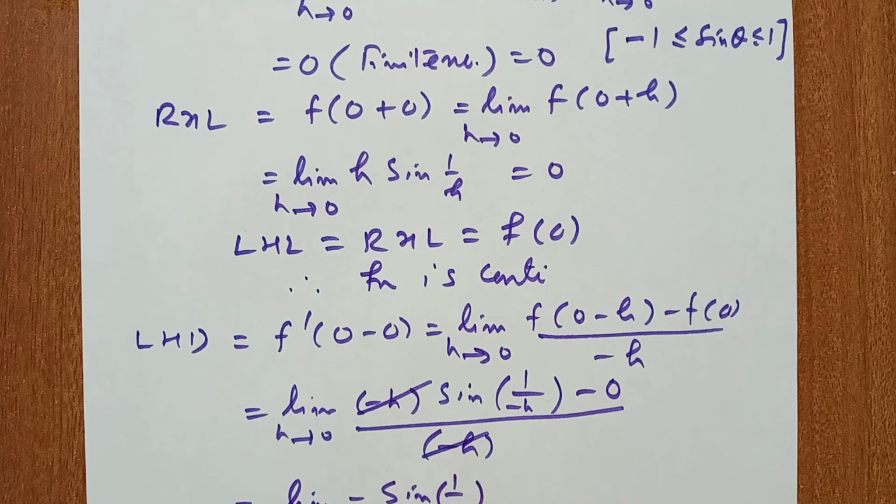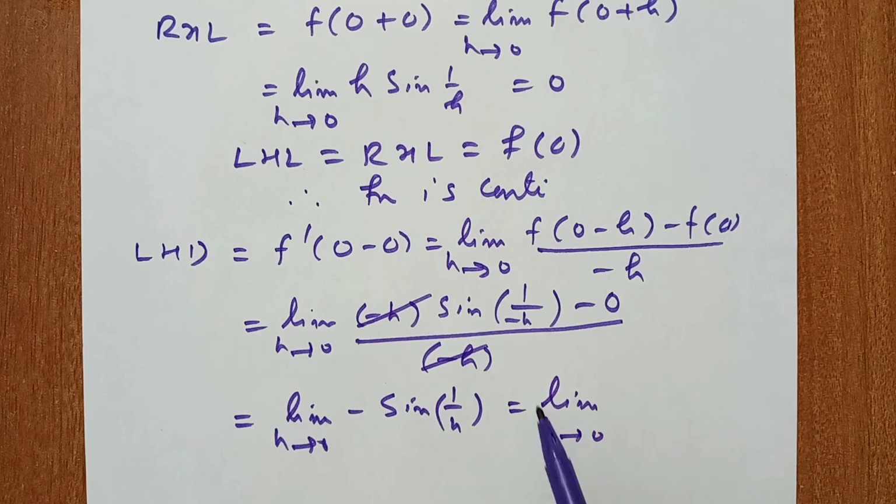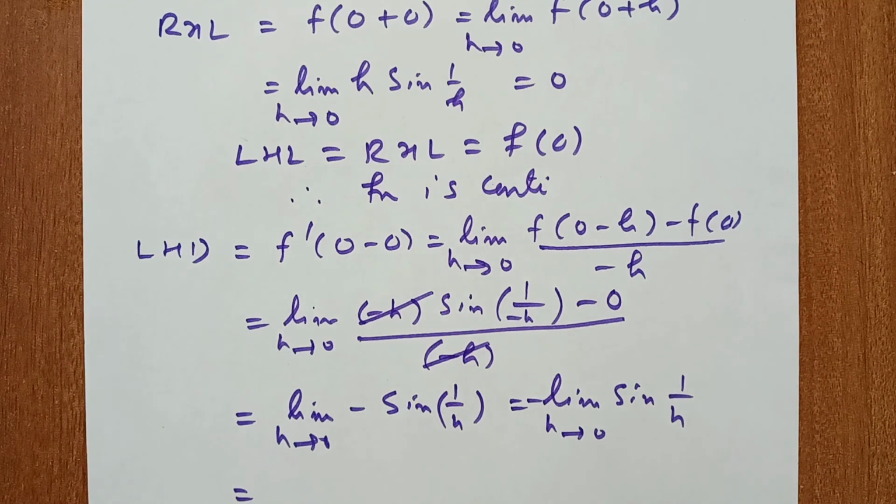So on taking the limit, what is 1/0? Infinity. So limit h tends to 0 of sin(1/h): this value lies between −1 and +1. So this is a finite number, but we can't say which number exists.